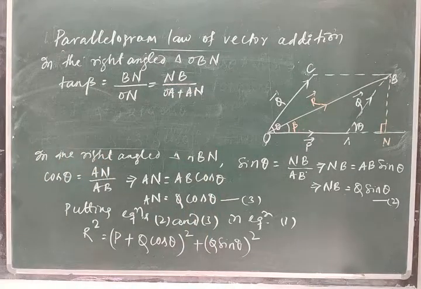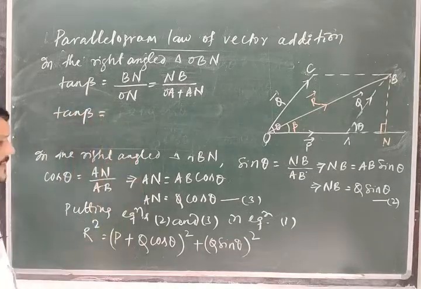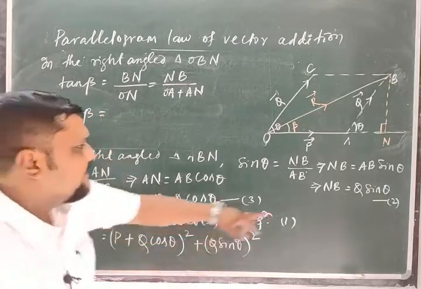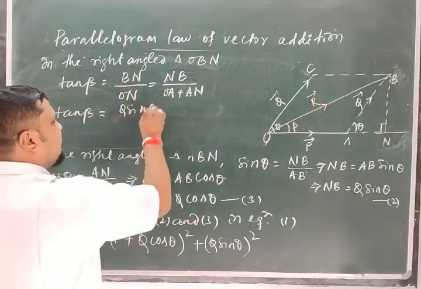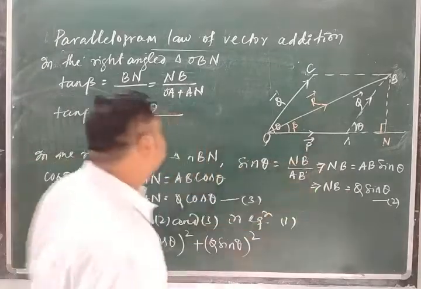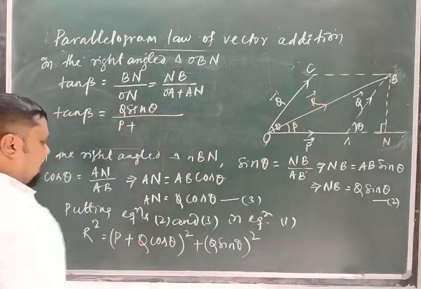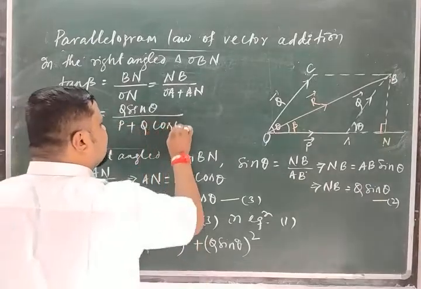Right? Now tan beta is equal to, put this, already you know that NB is Q sin theta. So Q sin theta divided by OA is P plus AN, which is Q cos theta.